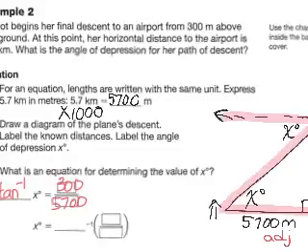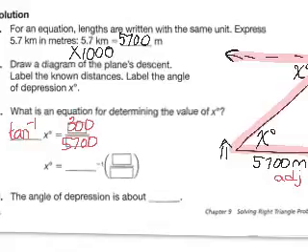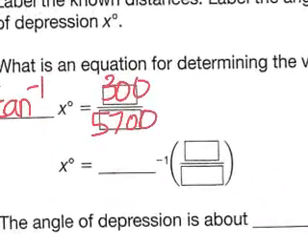Now this is where you can do it one of two ways. It doesn't matter. You can divide these two right off the bat. 300 divided by 5,700 in order to find out what number you're going to be using. It'll be the decimal that you're going to use.